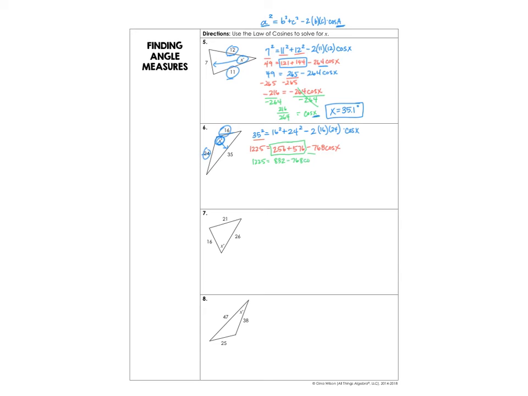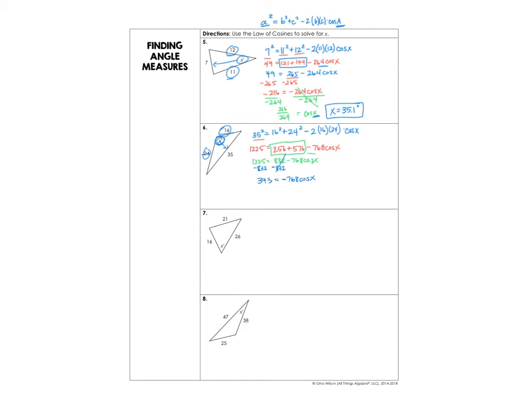And remember that 768 is connected to the cosine x. So we can get rid of this 832 by subtracting it. You get 393 equals negative 768 cosine of x.